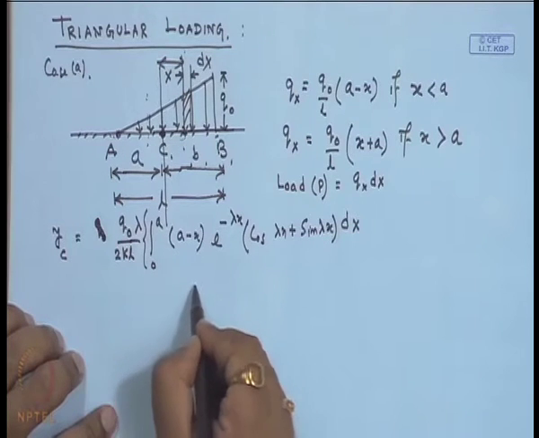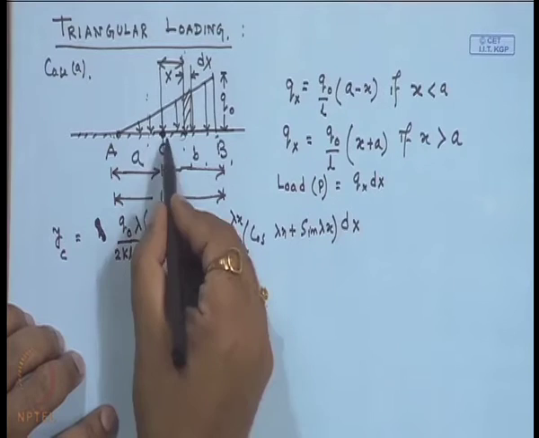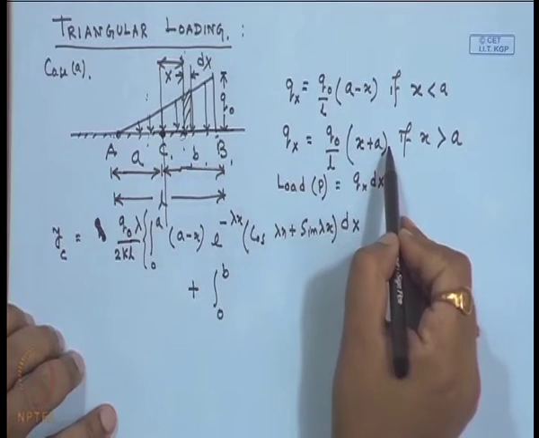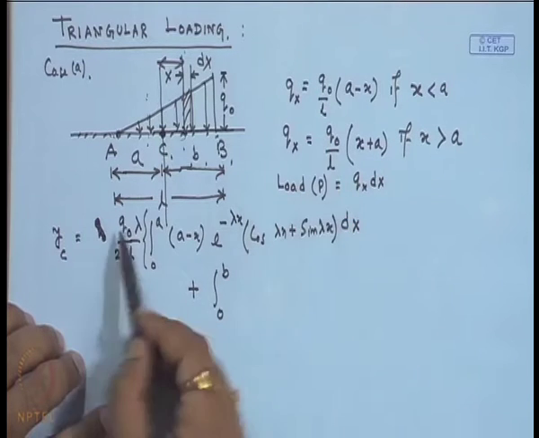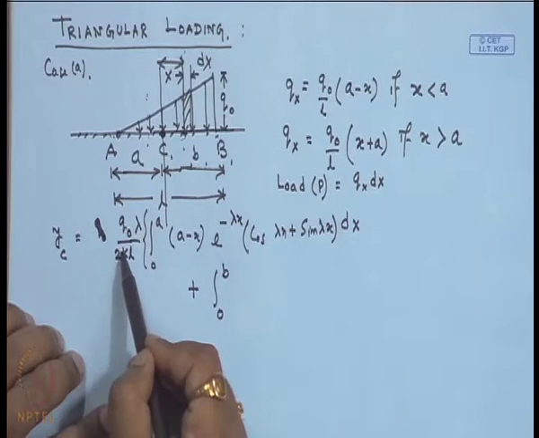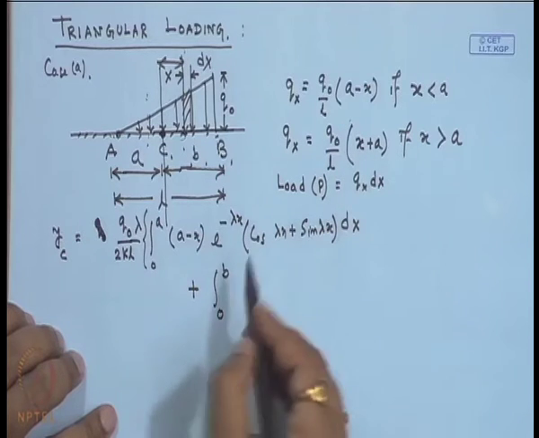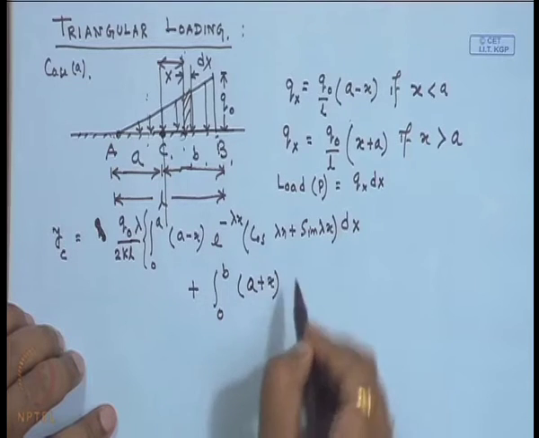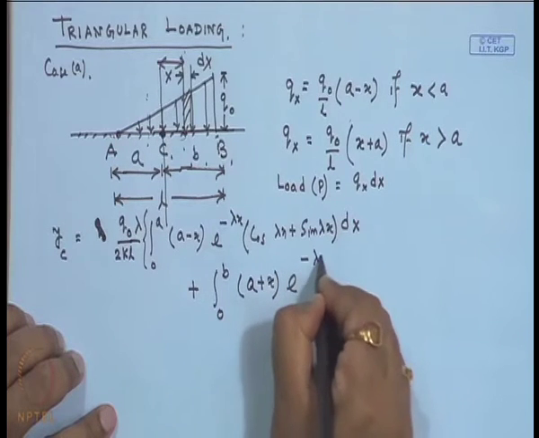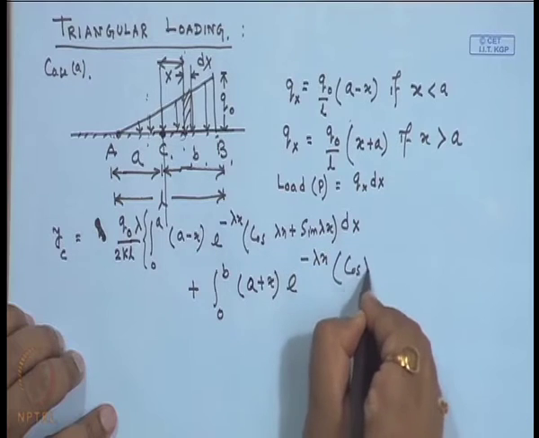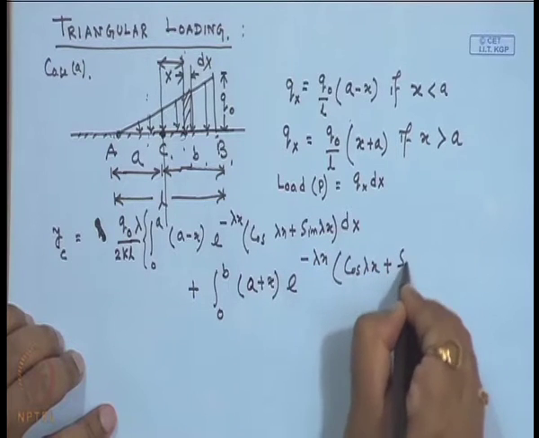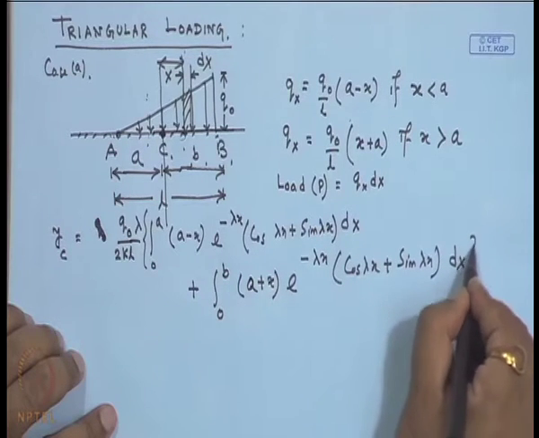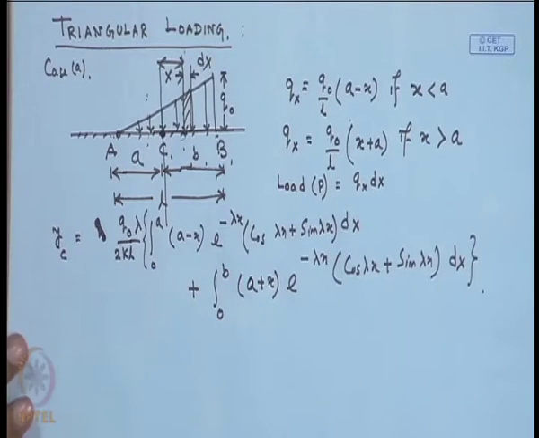Then another part, plus 0 to B, and you have to use the next expression. q 0 we have already used, L also we have taken, then only the x plus B part will be here. So, A plus x or x plus A, then e to the power minus lambda x into cos lambda x plus sin lambda x, and this is dx within the bracket.